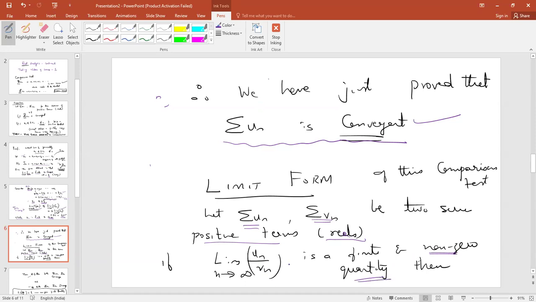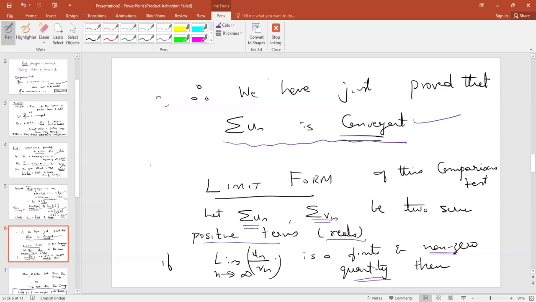Now instead of just comparing, here we are saying what is going to be the limit of un by vn as n tends to infinity. By the way, in the problems, you will have an expression for the nth term in the given series. You will have an expression for the nth term in the known series that we are considering.